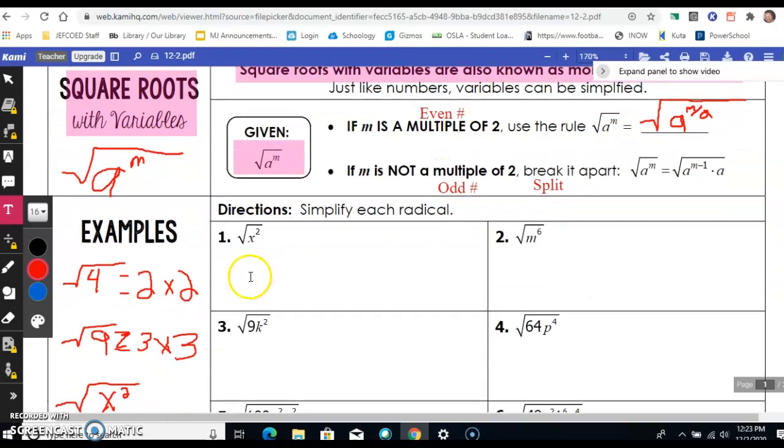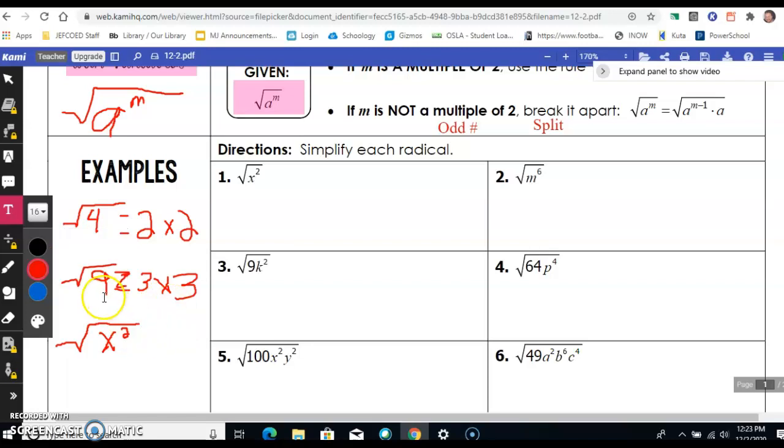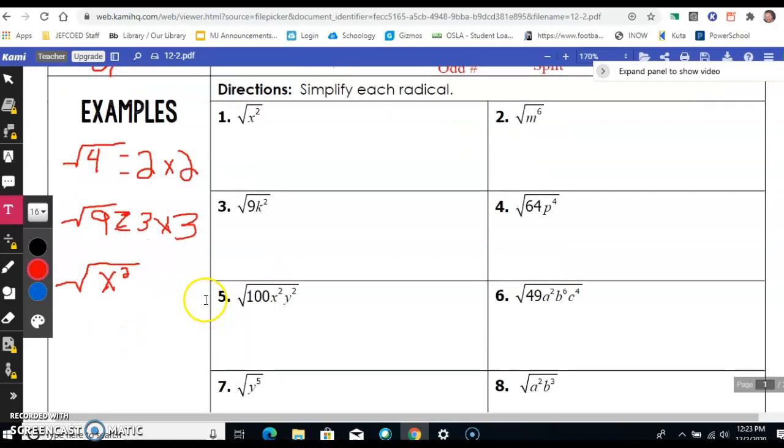Now, we had talked about the square root of 4 would be 2 times 2, right? You've got to have the same thing multiplied by itself to give you that perfect square. Just like 9, 3 times 3, those two values, same values, multiplied by each other to give you 9. Are there any two values that you could think of that are the same that you could get x squared with when you simplified this, if you were to take the square root?